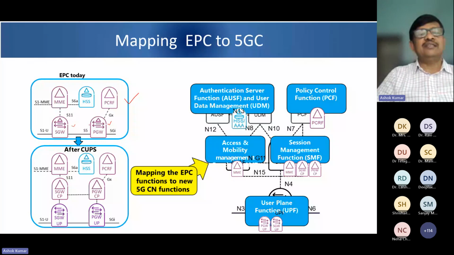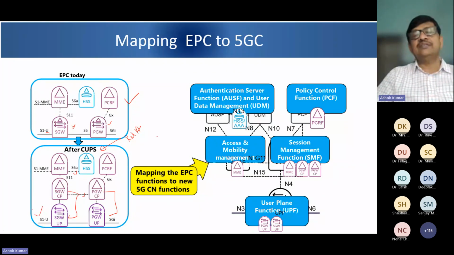Here you can see that SGW and PGW handle the user plane part of the traffic and also some control plane part. But after the CUPS architecture, that is release 14, they have separated PGW into two parts, as I discussed, and SGW into two parts. The dotted lines are all control signaling, and the solid line you see here is the user plane part.